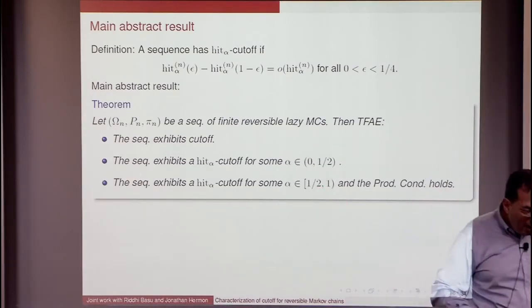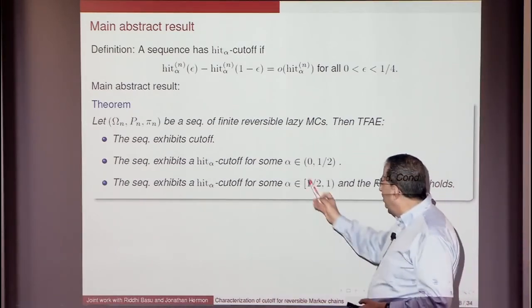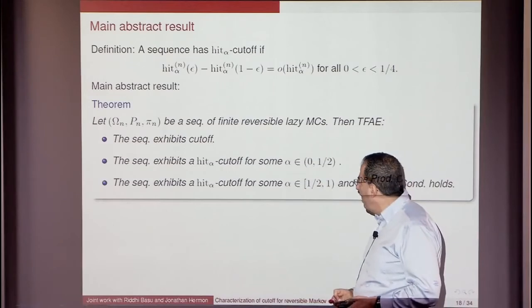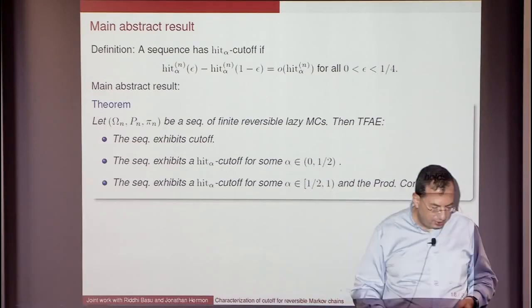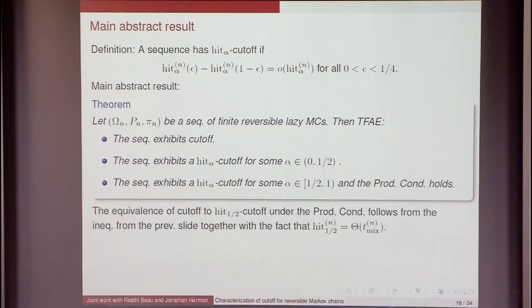So what I said, if you have the product condition, then you could take the alpha in the target to be arbitrary. But if you don't have the product condition, I need to still require alpha to be in 0.5. Otherwise, I have this kind of two-click issues. Okay, but anyway, this is the abstract theorem.